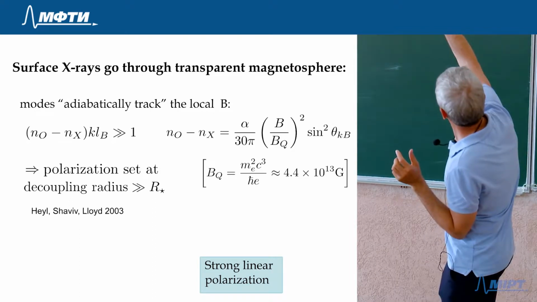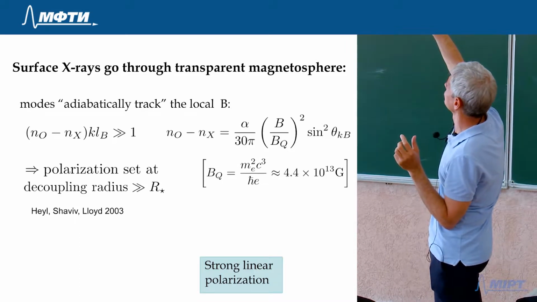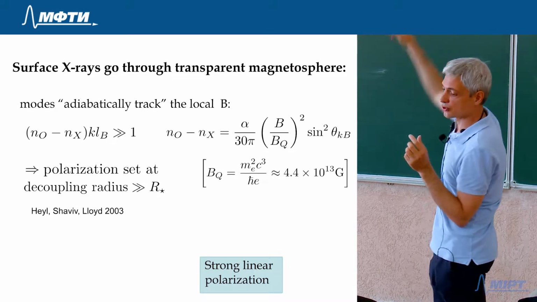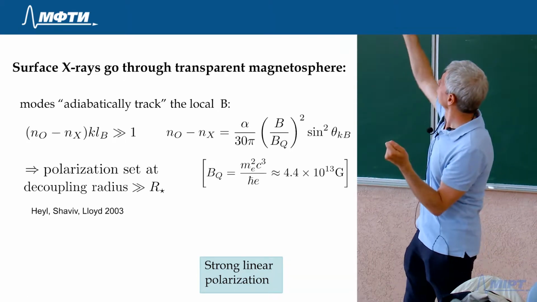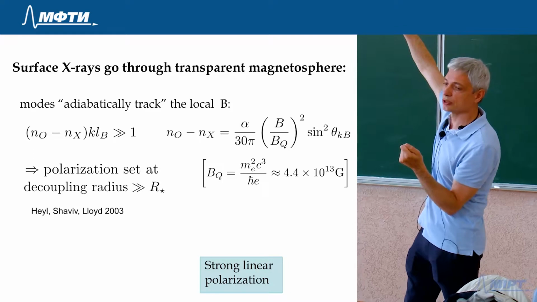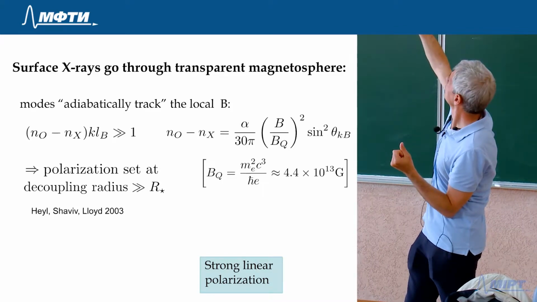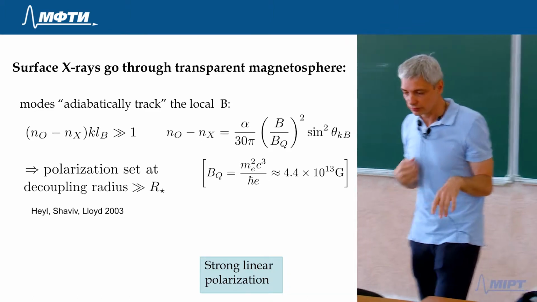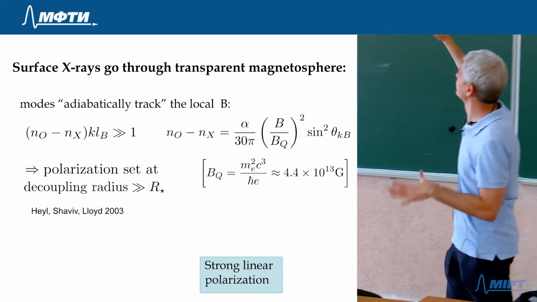Now, the coupling parameter is related to the difference in refraction indices. Of course, the very fact that you have two different modes is related to the difference in refraction indices for the two states. K is the wave vector. Basically, it corresponds to phase speed equal to the speed of light, as the photon propagates.